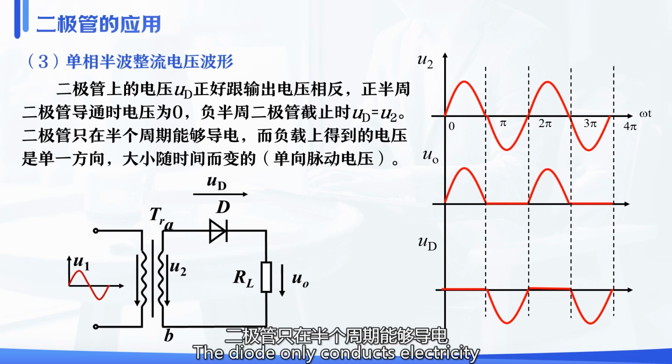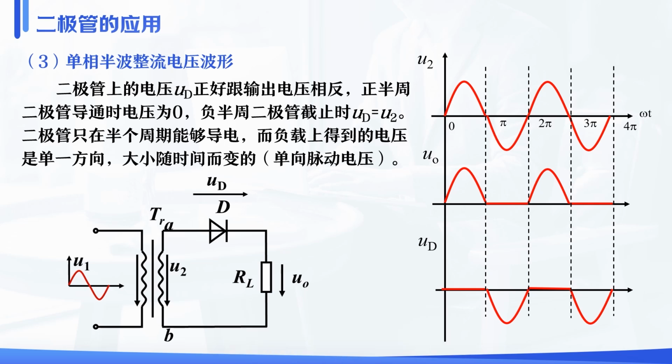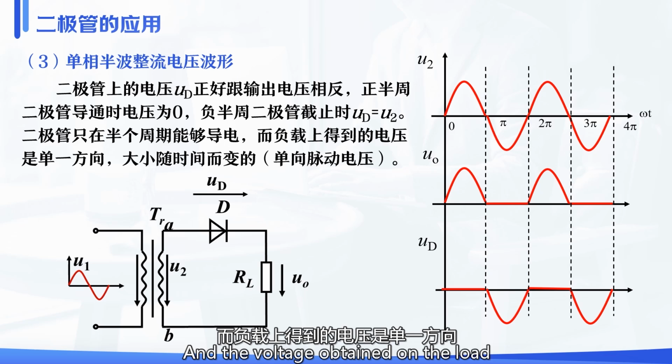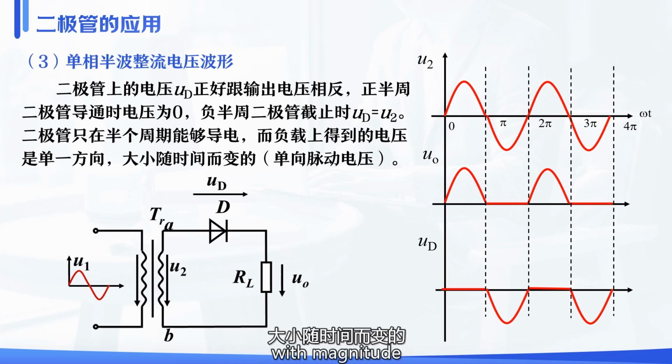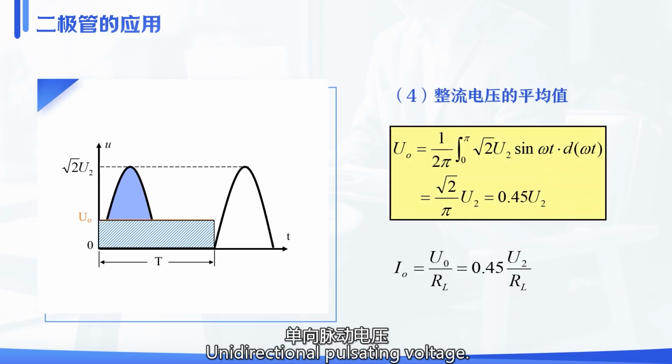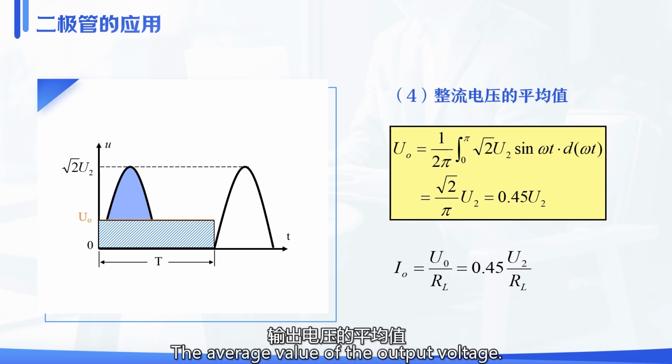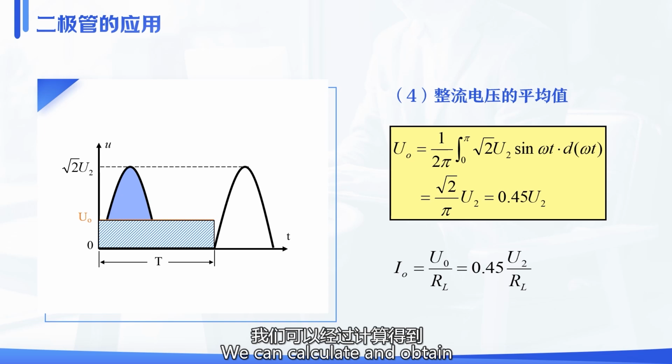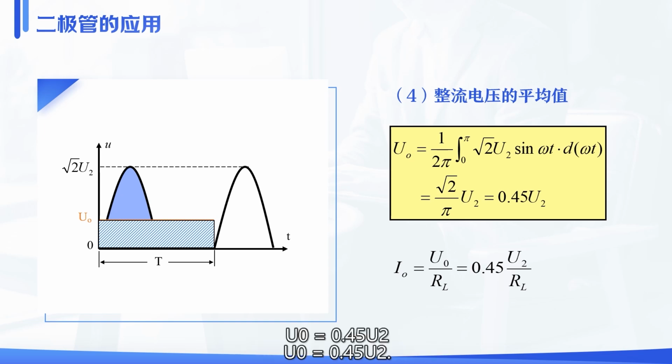The diode only conducts for half of the cycle, and the voltage obtained on the load is in a single direction, with magnitude varying over time. For this unidirectional pulsating voltage, the average value of the output voltage can be calculated as U0 equals 0.45 U2.